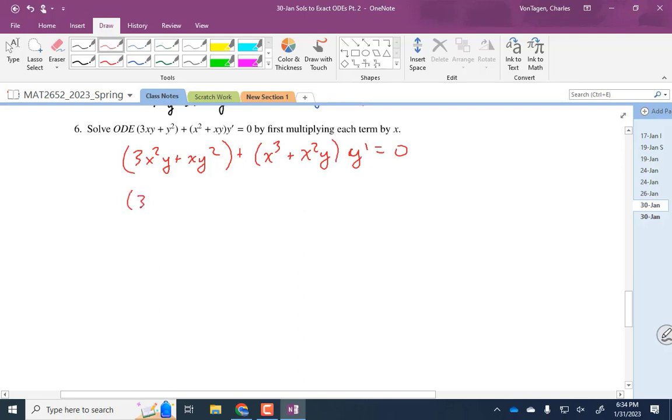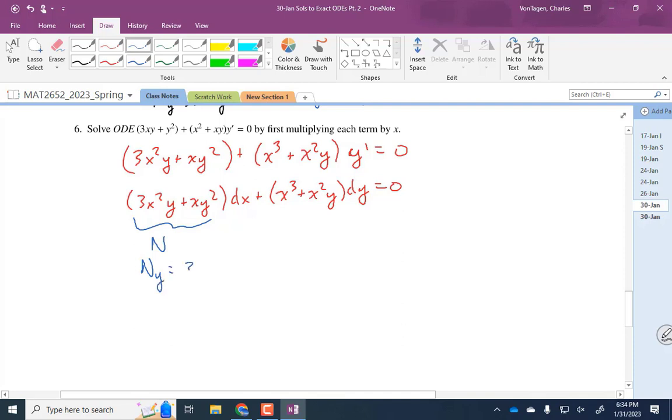Putting this into differential form, we get this. And now checking, let's label this as our N. Our N sub y would be 3x squared plus 2xy.